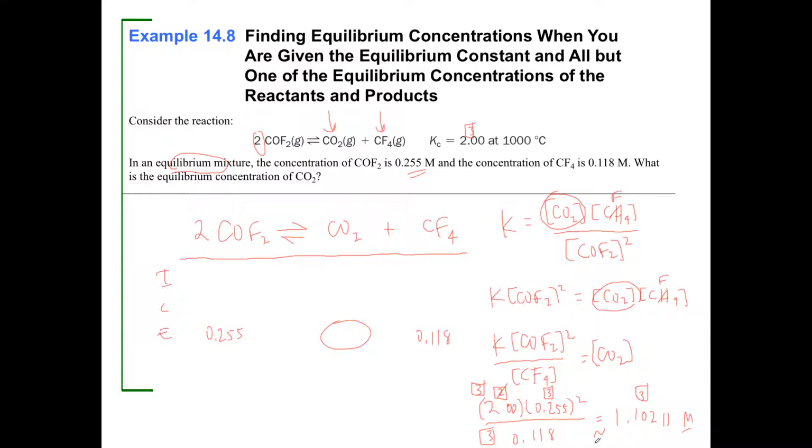This looks like it's going to be 1.10 molar. Okay, and there is my answer. So the question is, can we find the equilibrium concentrations of some things if we're given the others and Kc at equilibrium? The answer is, of course, yes.